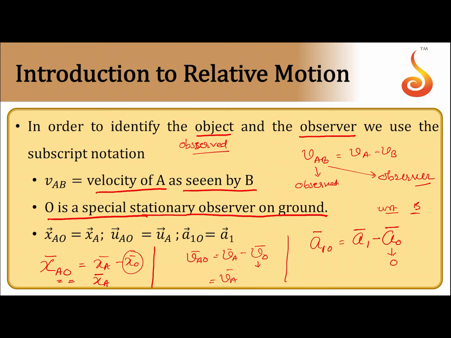This is 0. So, this is simply A1. Here most of the times we drop this subscript in order to ease out the things, but here the observer being on the ground and stationary, we take his velocity, position and acceleration to be 0.